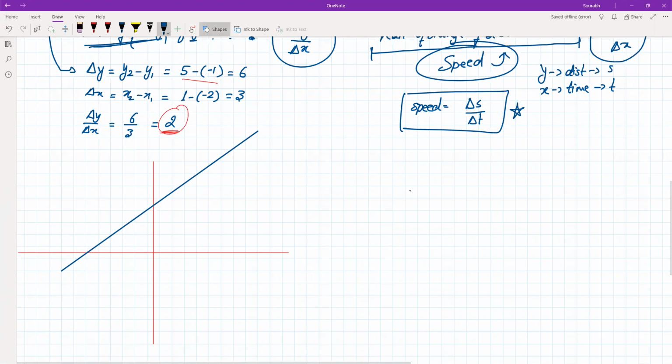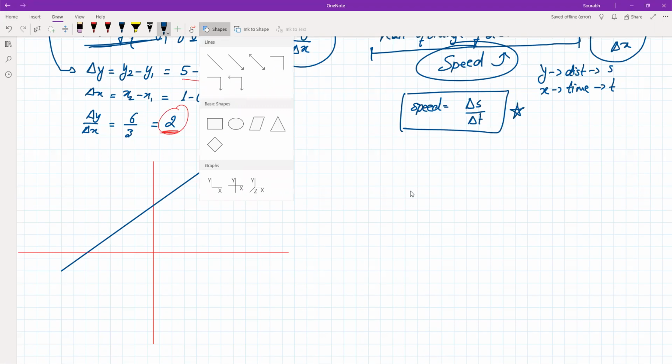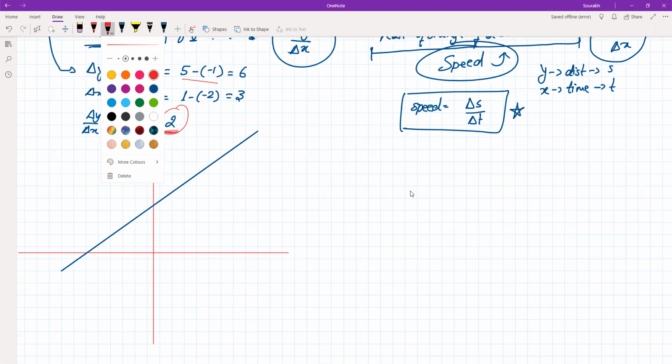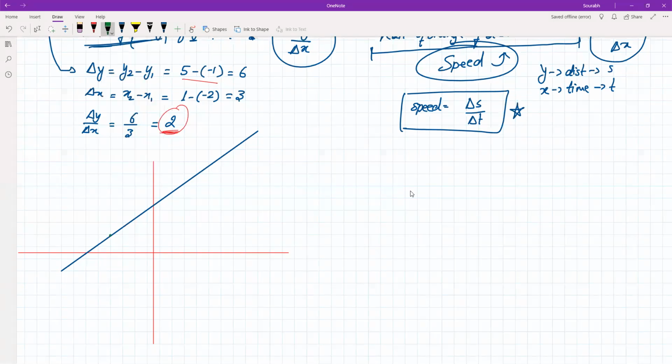So we take 2 points which represent x and y, right? So suppose this is our first point. This is A. Let this be x1 and this y1, right?